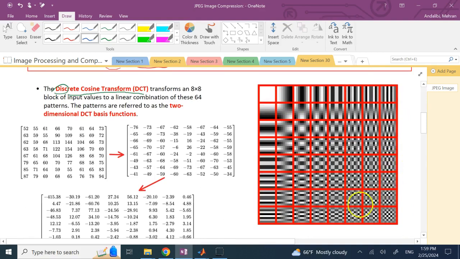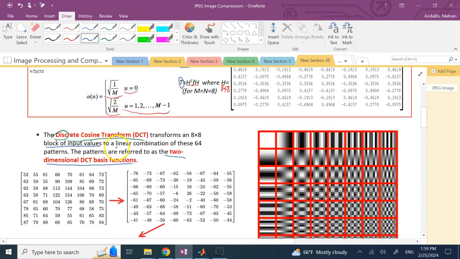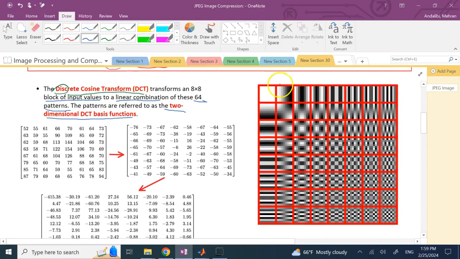This is what we call the basis functions, or two-dimensional basis functions, for the discrete cosine transform. What the DCT does is transform your block of input values, f(x,y), to a linear combination of the 64 patterns. Here you see these 64 small red windows, and each one of them has some pattern.